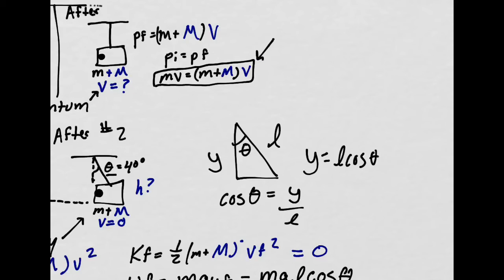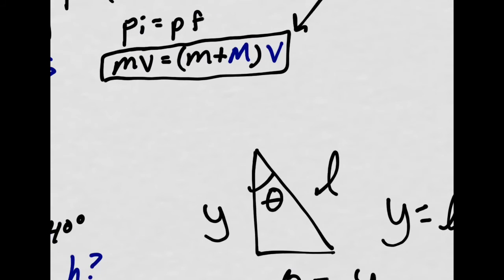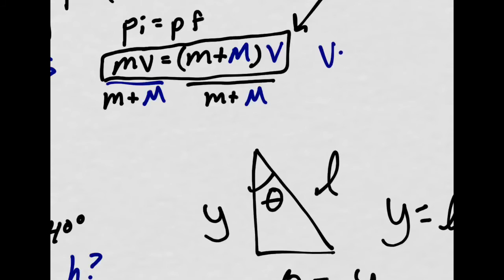So what I want to do is not plug anything in yet and solve this equation here for capital V. So that just involves us dividing by m plus blue M. So that gives you V equals mv divided by m plus M.